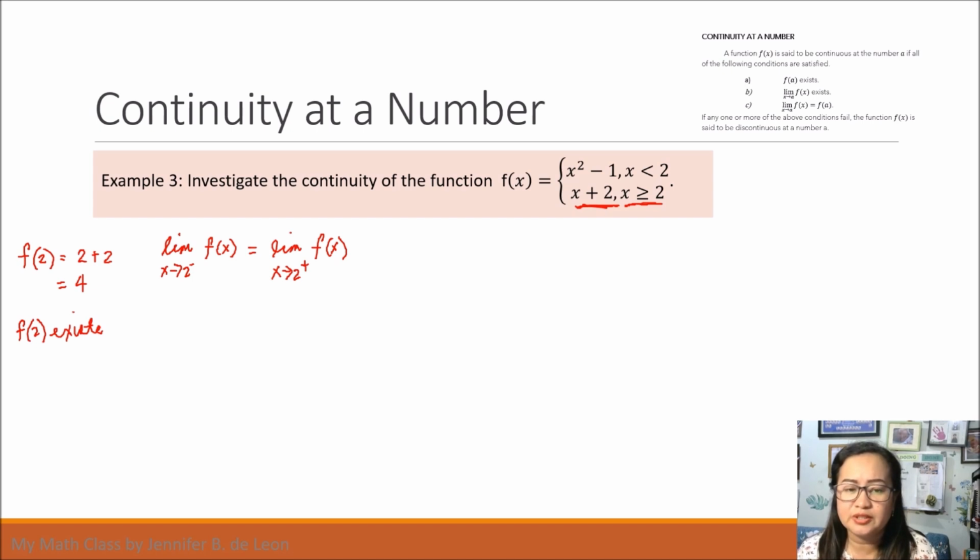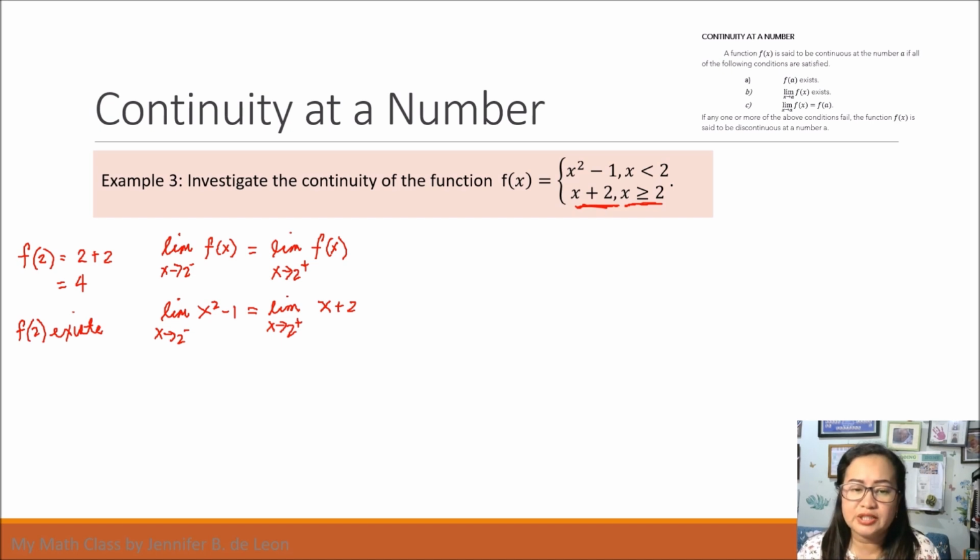So we evaluate, in the limit of f of x as x approaches 2 from the left, the limit of x squared minus 1 as x approaches 2 from the left. Whereas the limit of f of x as x approaches 2 from the right would be the limit of x plus 2 as x approaches 2 from the right.